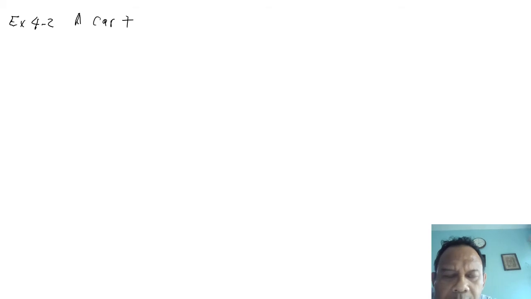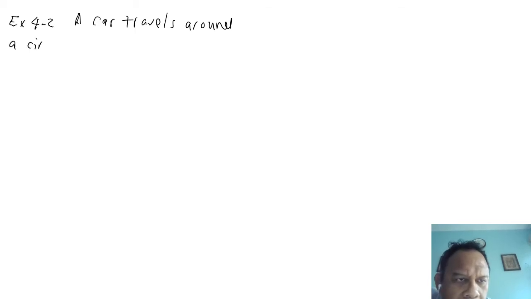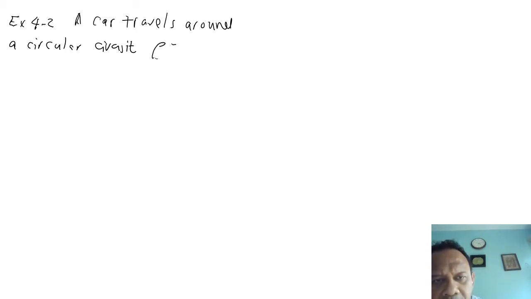Example 2.2. So let's say a car travels around a circular circuit with a radius of 300 meters.